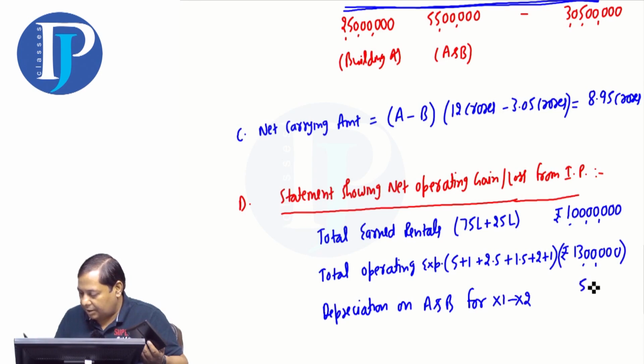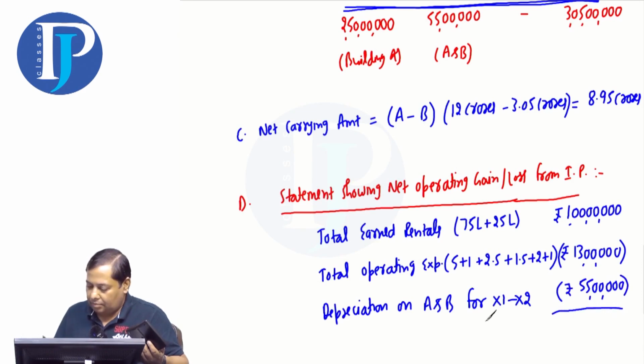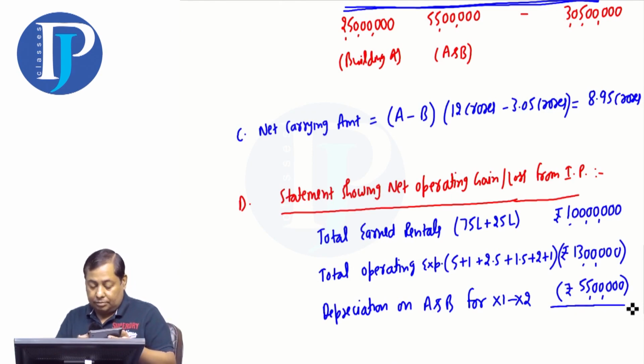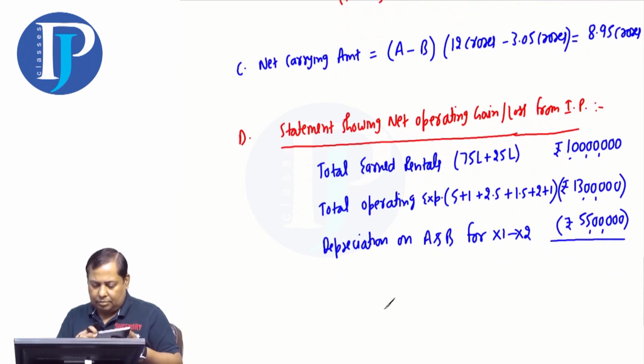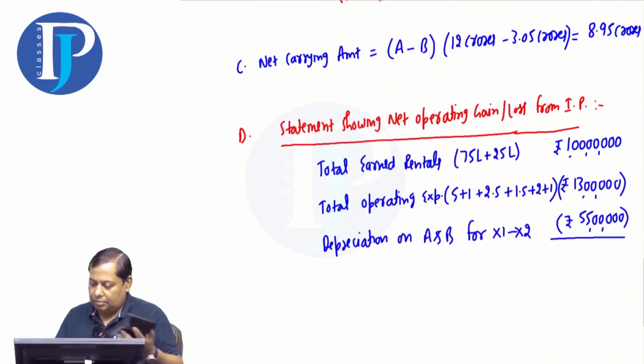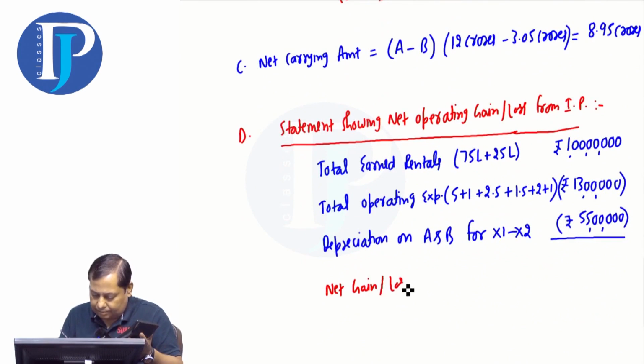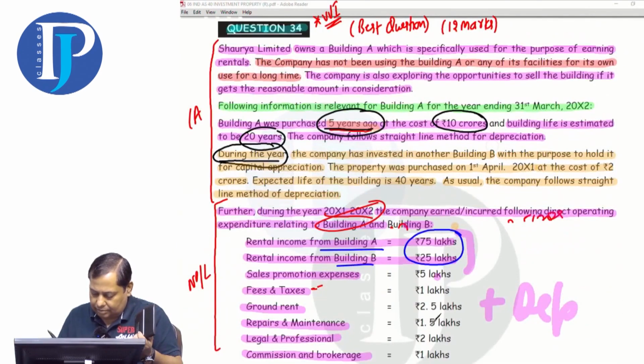What was the depreciation? It was 55 lakh rupees. Tell me what's the net gain or net profit. 5 plus 1, 6, 6 plus 4, 10, 10 plus 3, 13. Okay, fine.